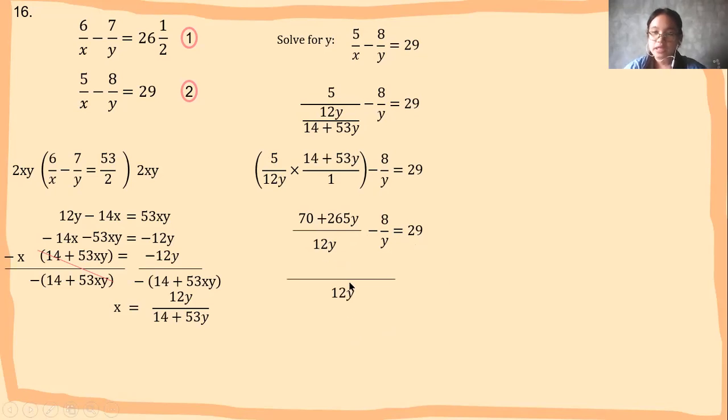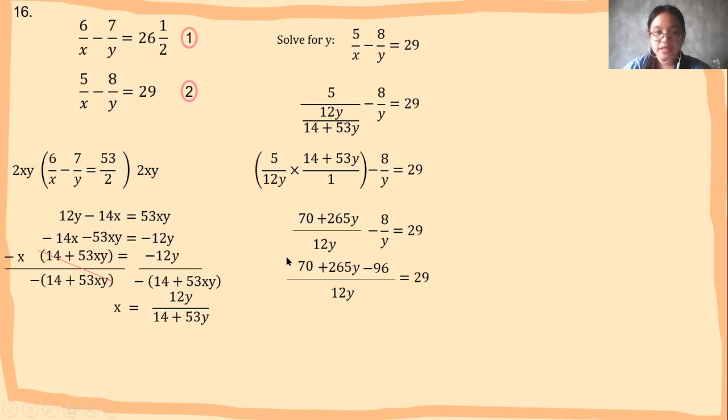Since they are the same denominator, let's just copy the 70 plus 265y. On the other hand, in 8 over y, we have 12y divided by y is equal to 12. Then times the numerator, which is negative 8, it will be negative 96. Then copy the 29 equals 29.